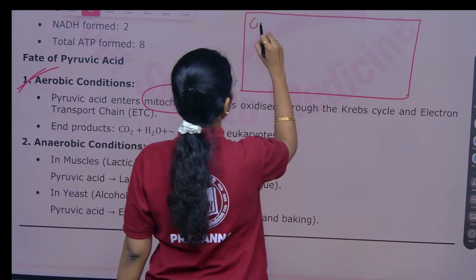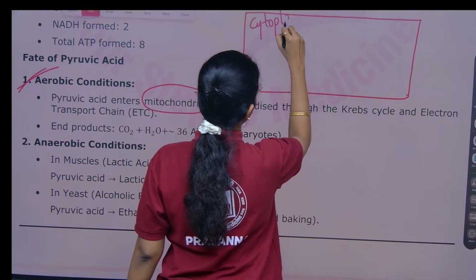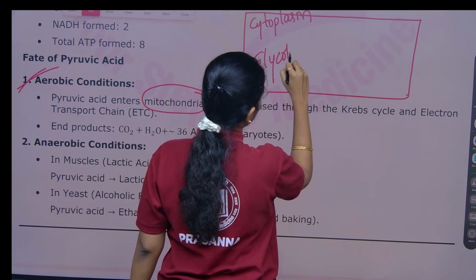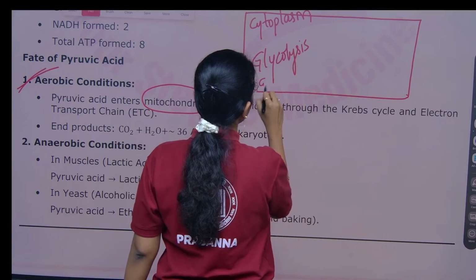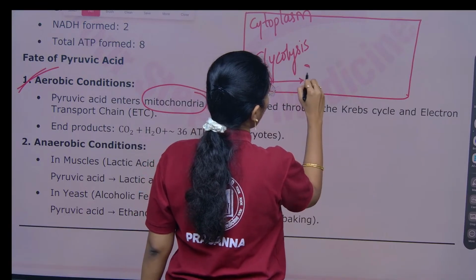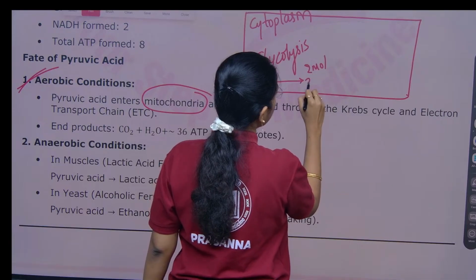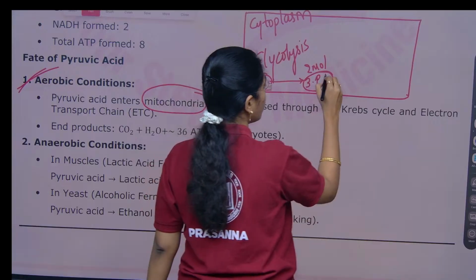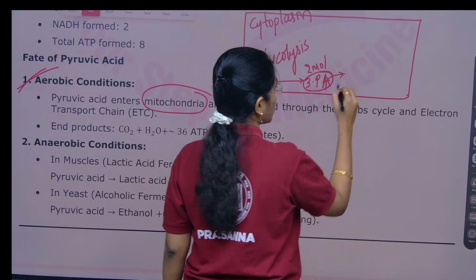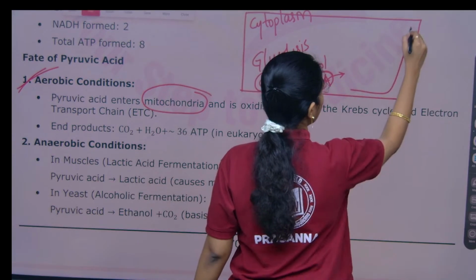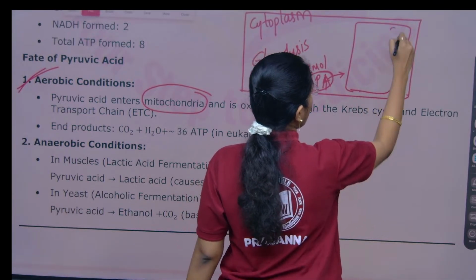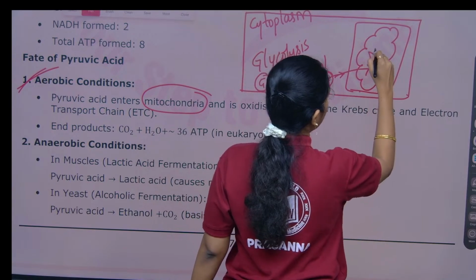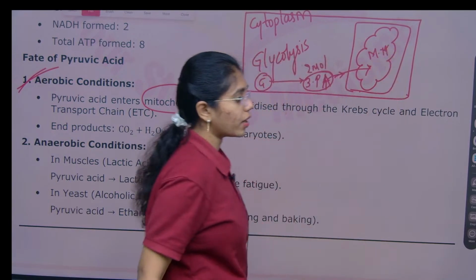Glycolysis occurs in the cytoplasm, wherein glucose is turned into 2 molecules of pyruvic acid. This pyruvic acid will directly enter the mitochondria if it is aerobic respiration, directly into the mitochondrial matrix.